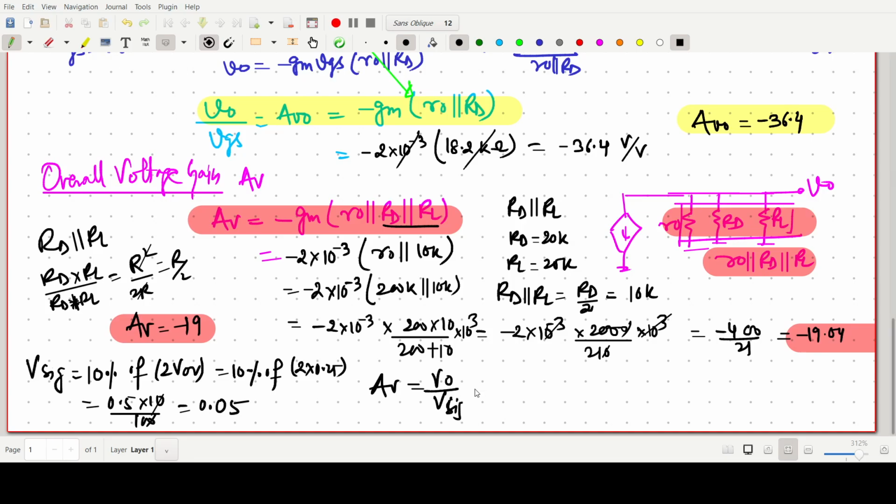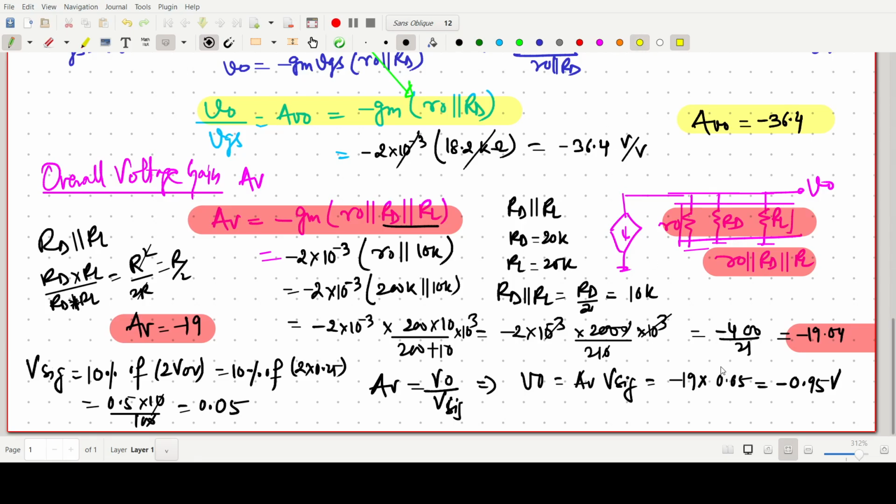Then V naught will be AV into V signal. So this AV is now minus 19 into V signal, which is 0.05. If we solve this one, it will become minus 0.95.